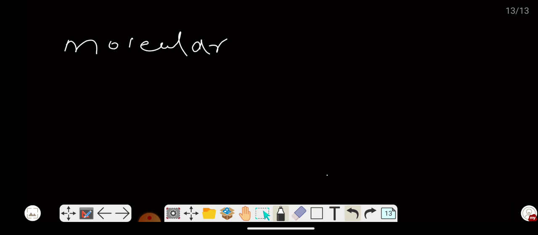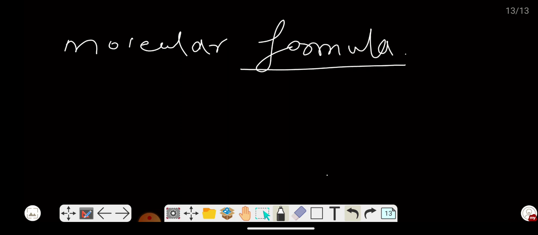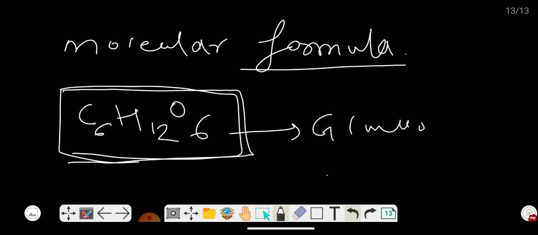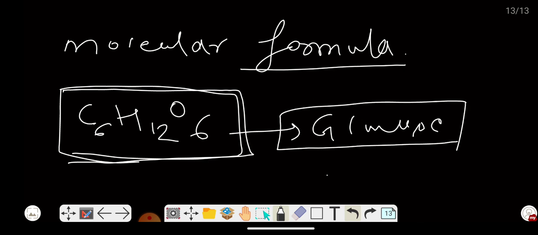What is the molecular formula? Let us suppose we have glucose C6H12O6. This is the molecular formula, which represents the exact number of atoms in any compound.